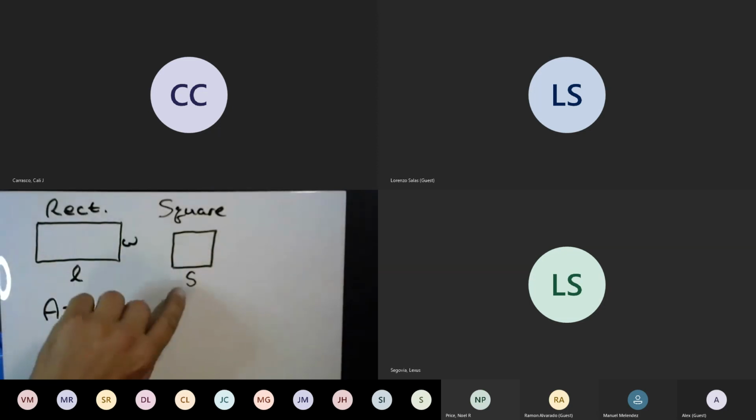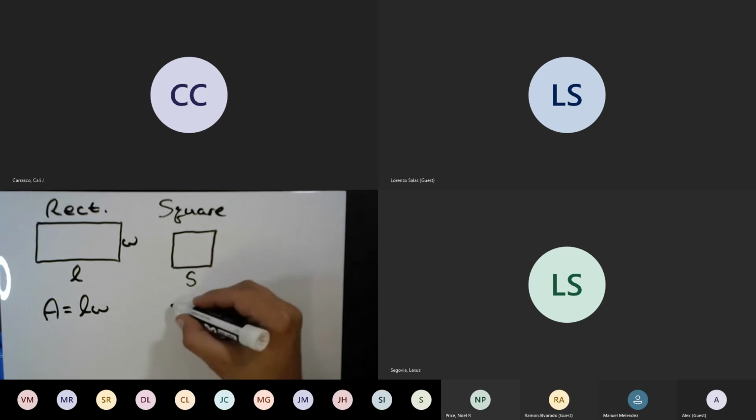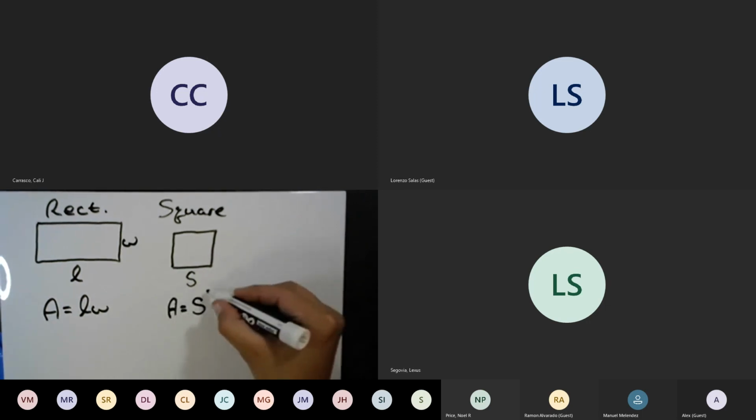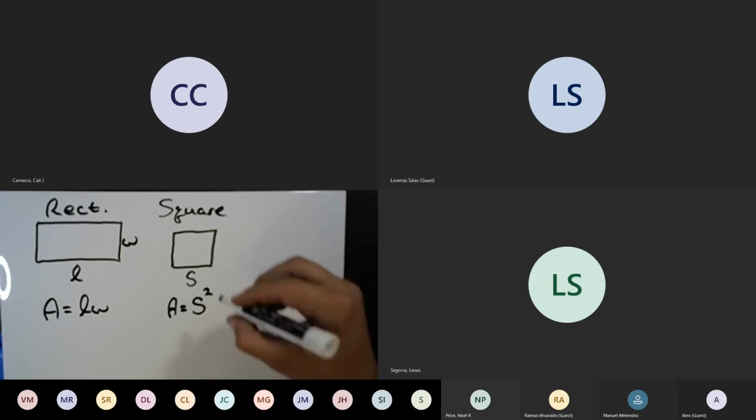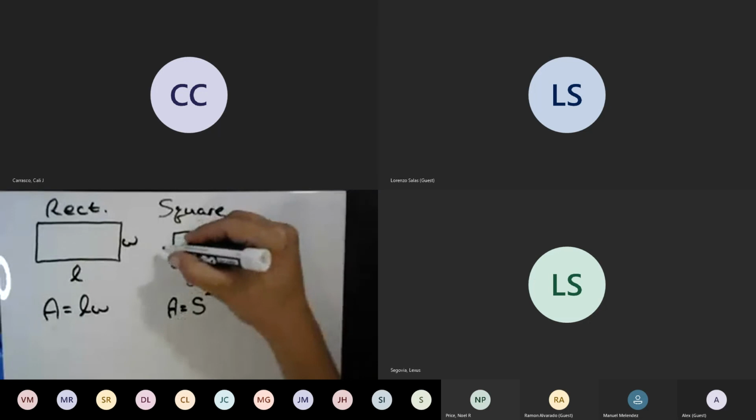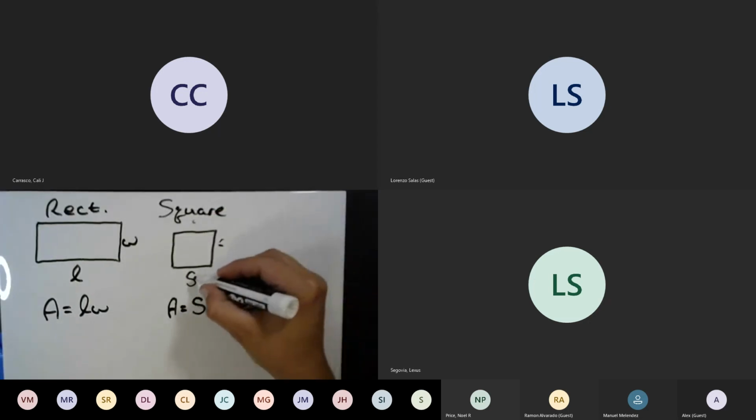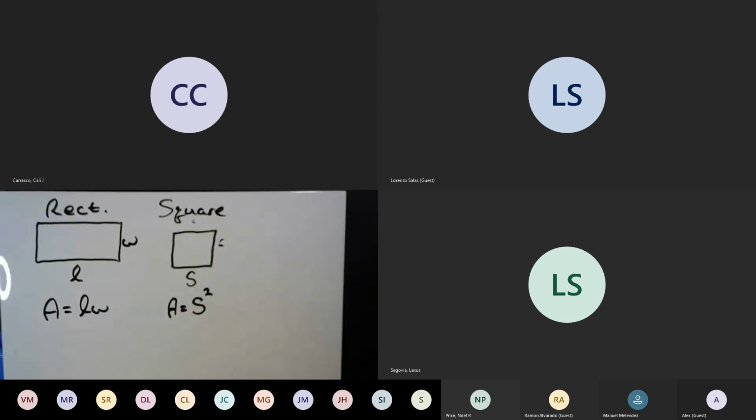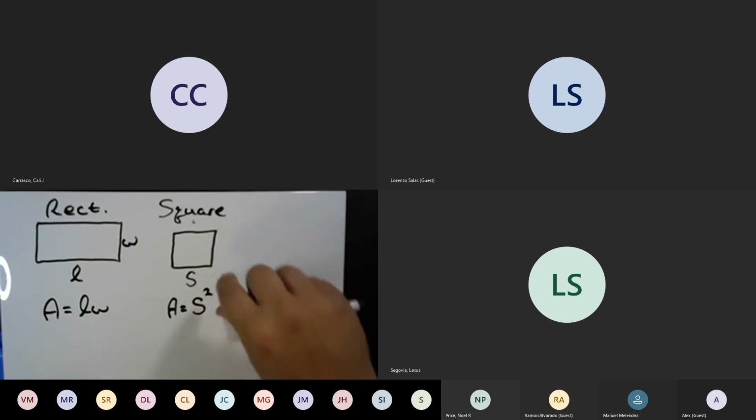As a square, they typically label one side. But the area of a square is the side squared. And you could think of this being an S here, S here, S here. Then length times width will give you S times S, or S squared.